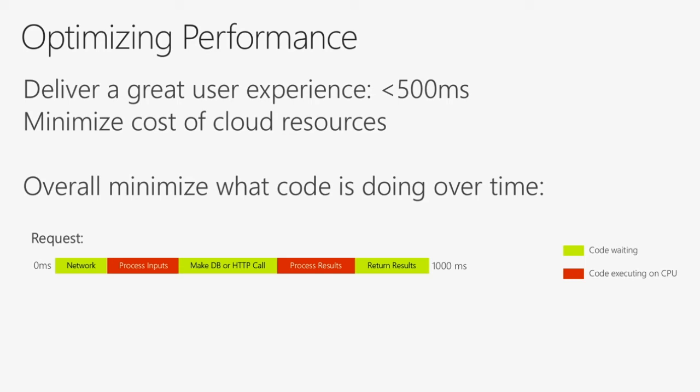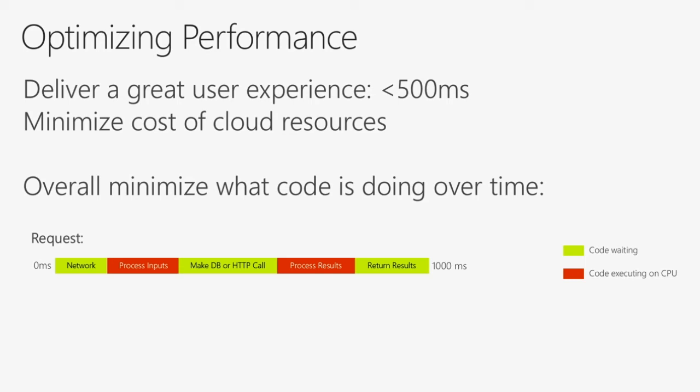So I have this very simple model of what the lifecycle of a request is. It's simplified, but I find it very useful to illustrate the approach that you can take to optimizing performance, right? So if you look at the life of a typical request, there's some time at the start where network activity comes in, and then some server code runs that takes that input data that was passed over the network, decides what to do with it, and then usually makes a series of dependency calls, either calling out to a database or HTTP or maybe another caching server or any number of different servers.